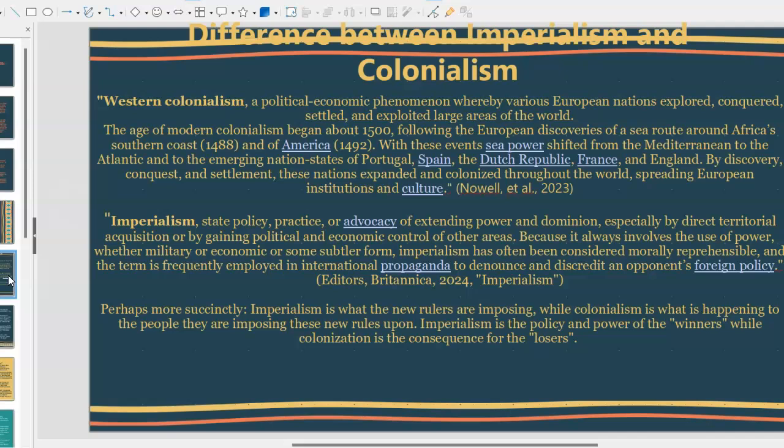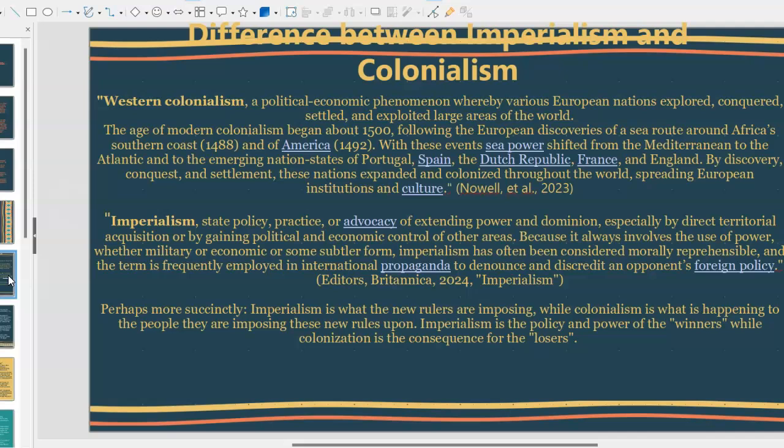Imperialism is state policy, practice, or advocacy of extending power and dominion, especially by direct territorial acquisition or by gaining political and economic control of other areas, which is a lot of what we see happen in Asia, because it involves the use of power, whether military or economic or some subtler form. Imperialism has often been considered morally reprehensible, and the term is frequently employed in international propaganda to denounce and discredit an opponent's foreign policy.